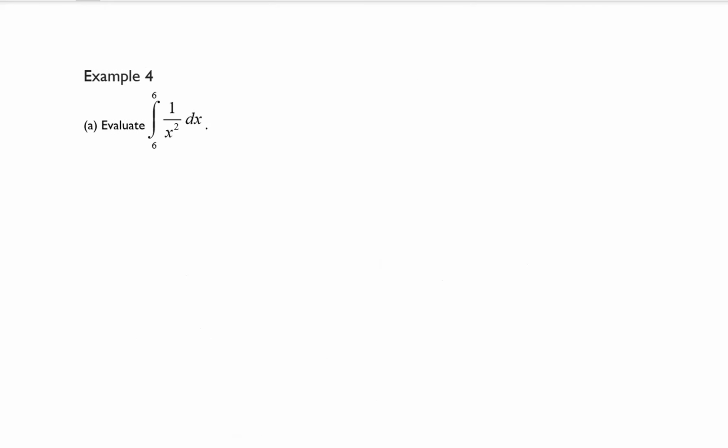All right, so example 4 says evaluate the definite integral from x equals 6 to x equals 6 of 1 over x squared dx. I'm going to rewrite this as a power, so it's x to the negative 2 dx, which is going to equal, we increase the power by 1 and then divide by that power, and we're evaluating it from x equals 6 to x equals 6.